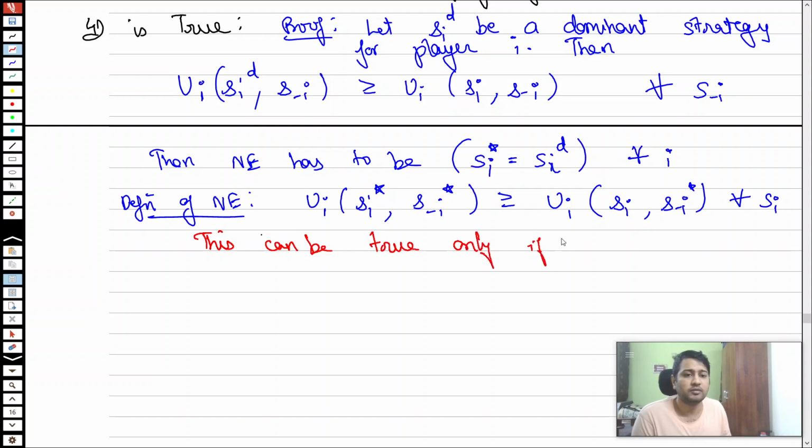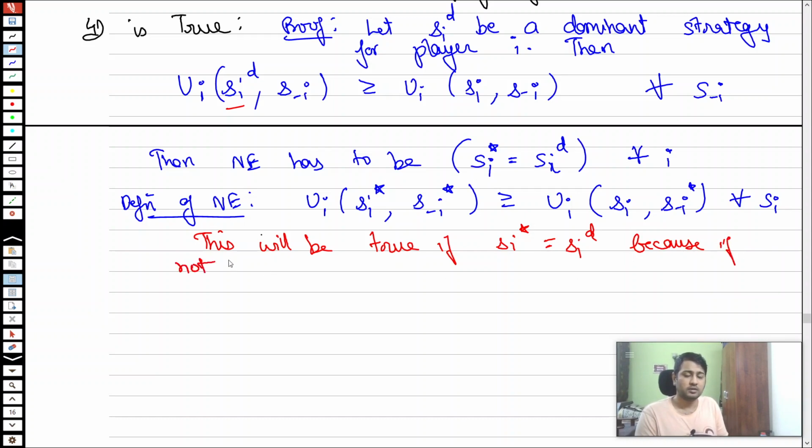So this can be true only if Si star equals Si^D. You see, you're saying that Si star should give him the highest utility, but we know that Si^D gives him a higher utility, because if not, then there is a contradiction.